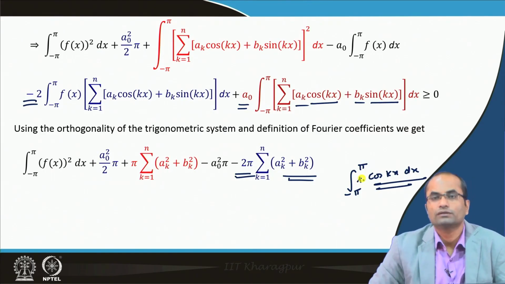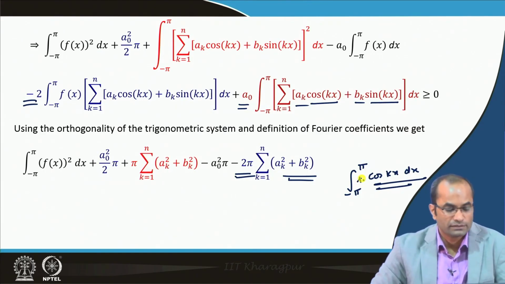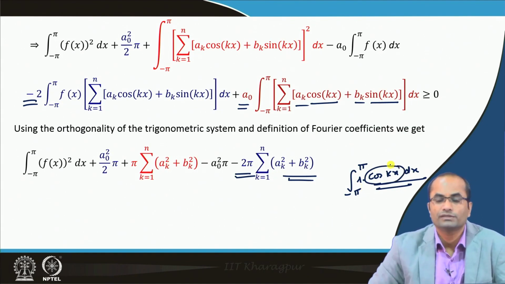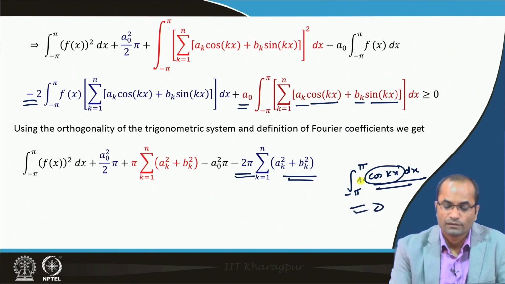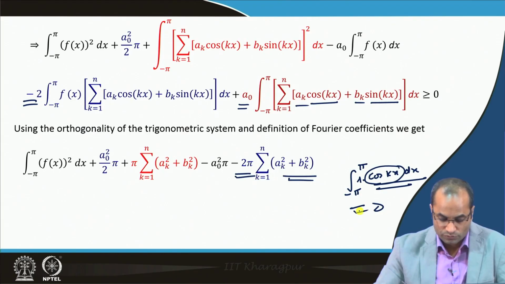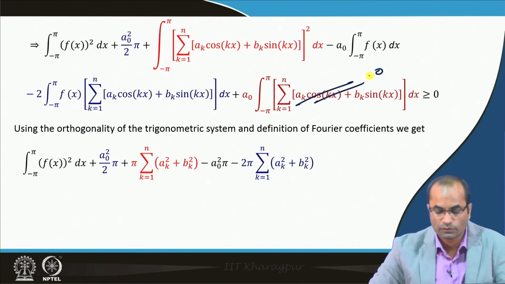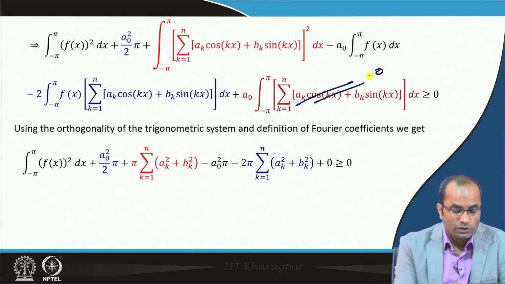This is again from the trigonometric system, and using orthogonality, 1 with a member of the cos family gives 0. Again 1 with sin k x, when we integrate, will also be 0. So, the last term is completely 0 because of the orthogonality, and then we have this inequality, greater than or equal to 0.